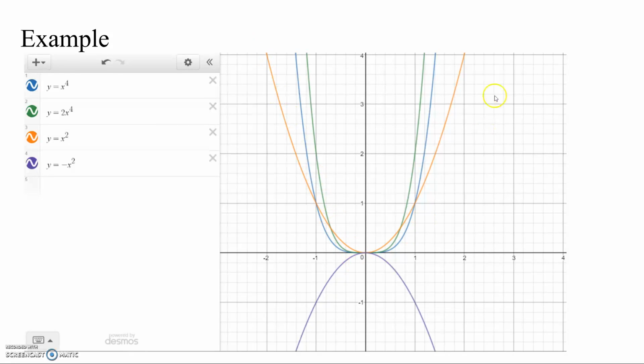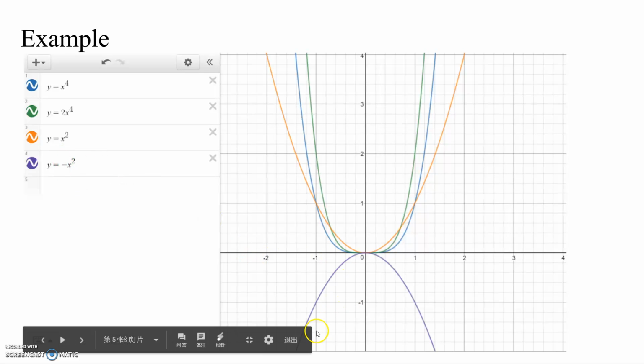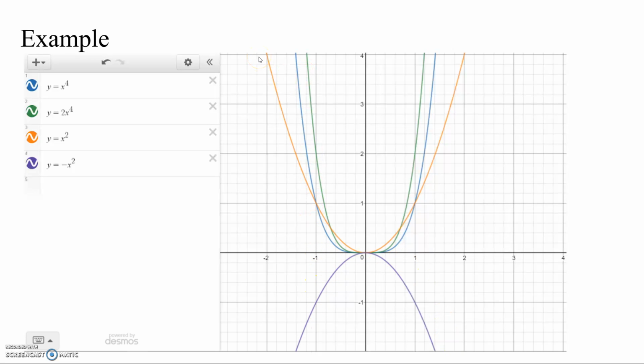And this is a parabola here. And if the leading coefficient is -1, it's going to be concave down. So the leading coefficient has influences on concavity.